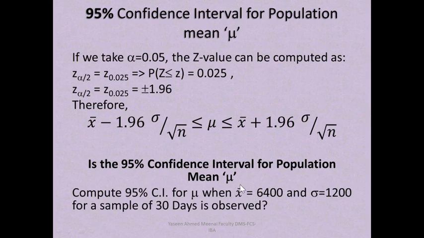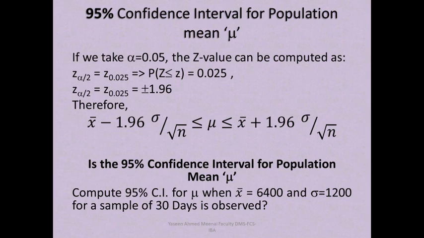The average profit was 6,400 rupees, and the standard deviation in the profit readings is around 1,200 rupees. Now he wants to know the 95% confidence interval for his average profit.